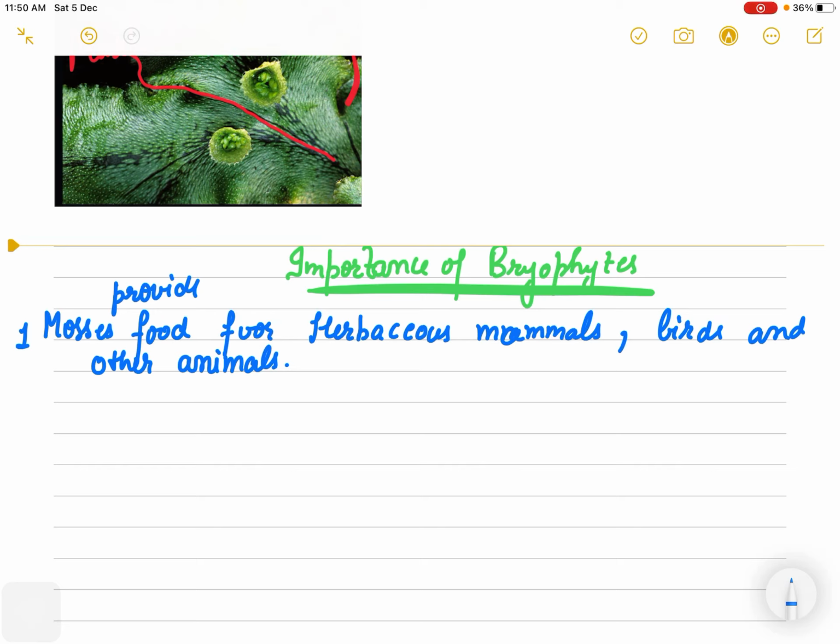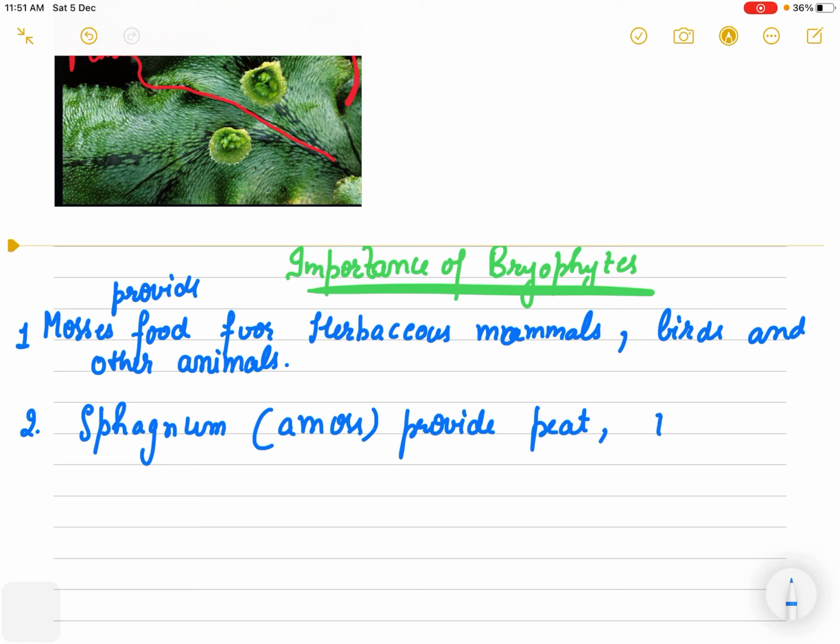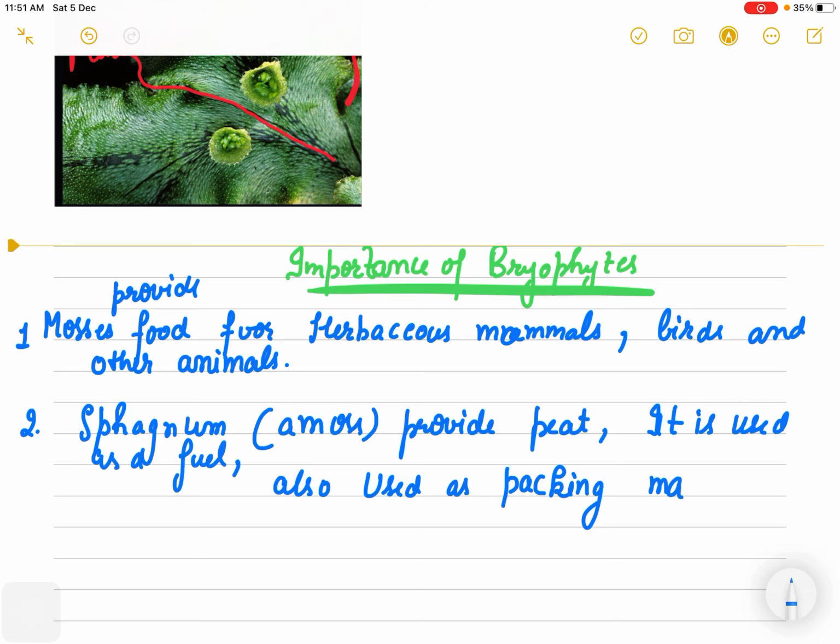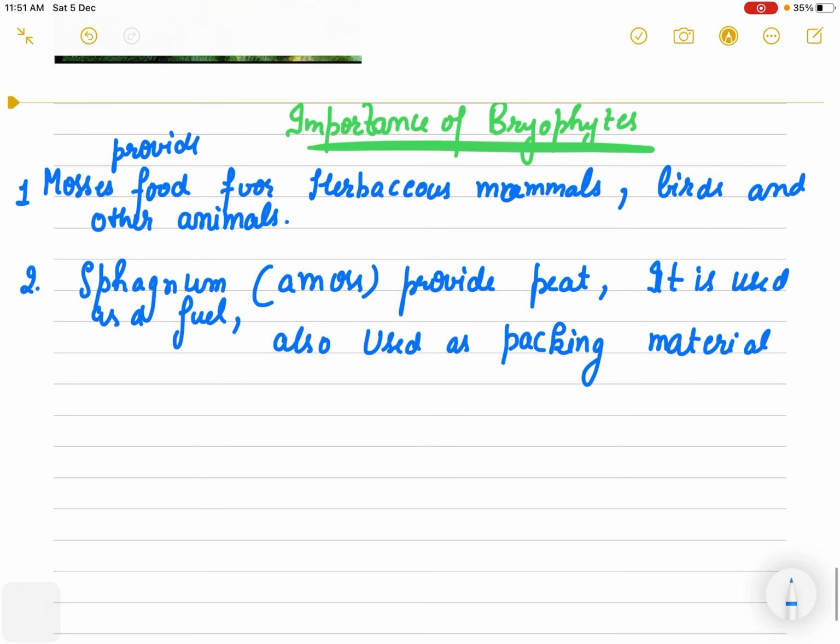Then what about Sphagnum? Sphagnum is also very, very important. Sphagnum is a moss, right? And it provides peat. If you recall, peat is used as a fuel, and sometimes also used as packing material, especially when they have to transport things from one place to another which need high moisture.